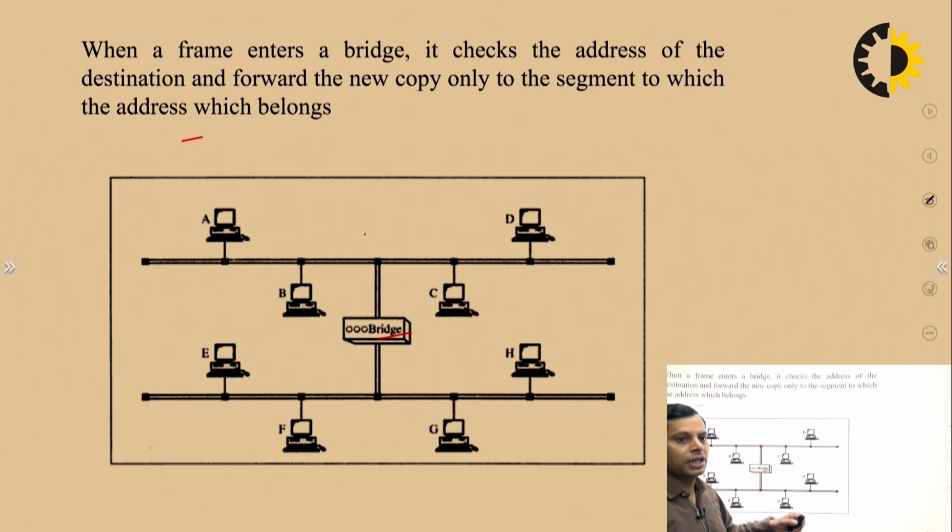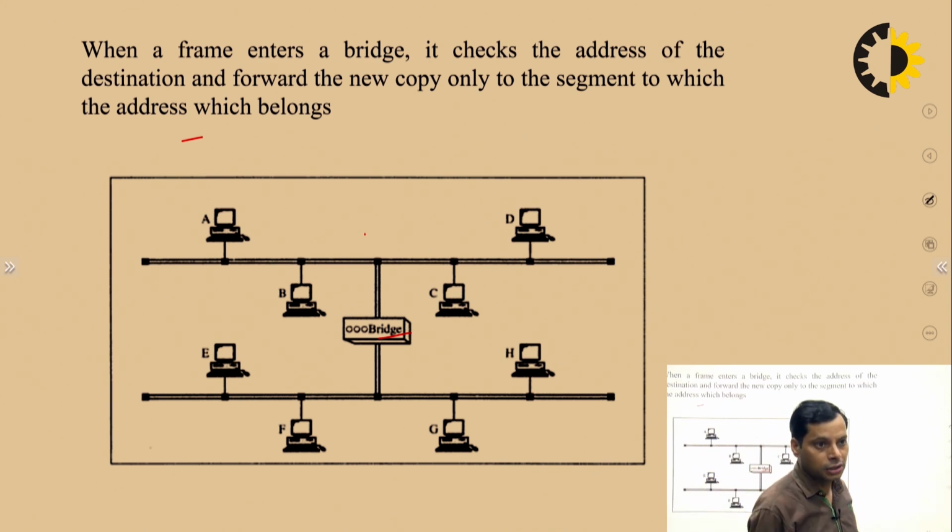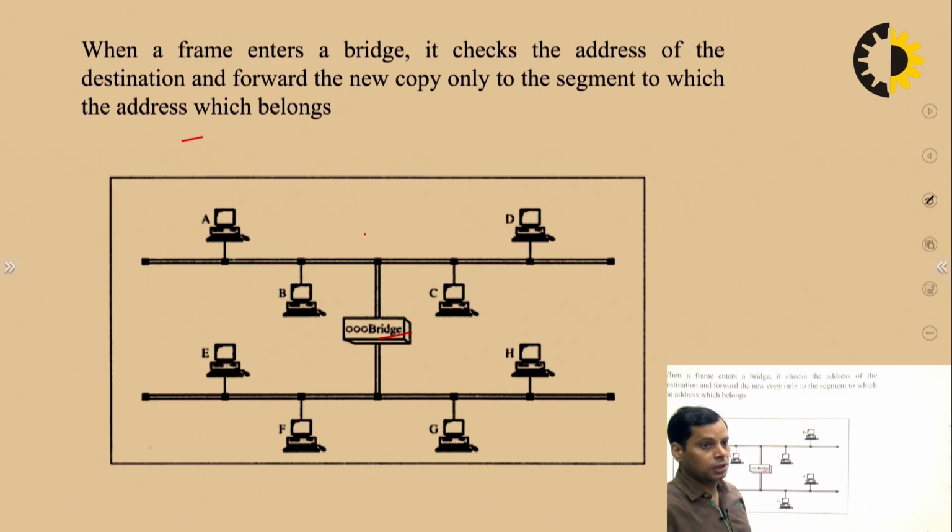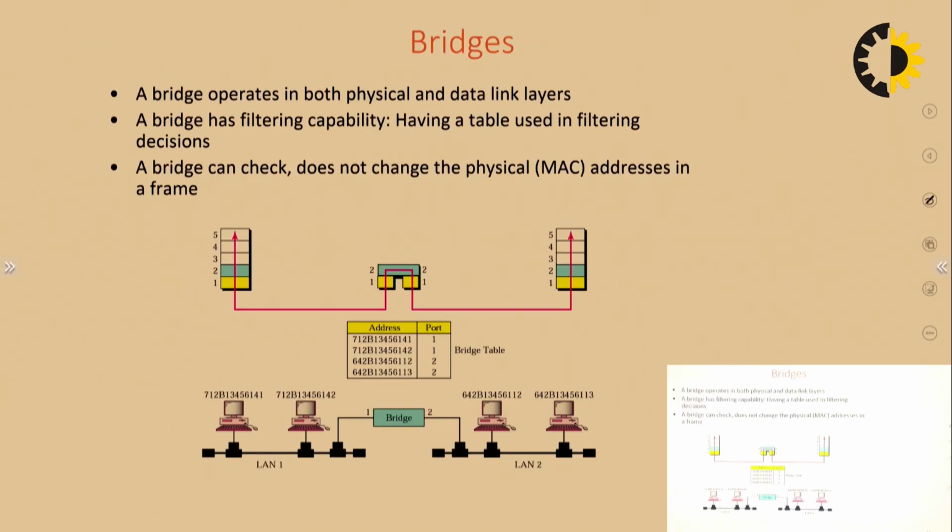Now the bridge will select that this individual packet is related to this particular station. After identification of the physical address given in the destination section, it will transfer the packet directly to the respective station. So a bridge operates in both the physical and data link layers, which we have discussed.